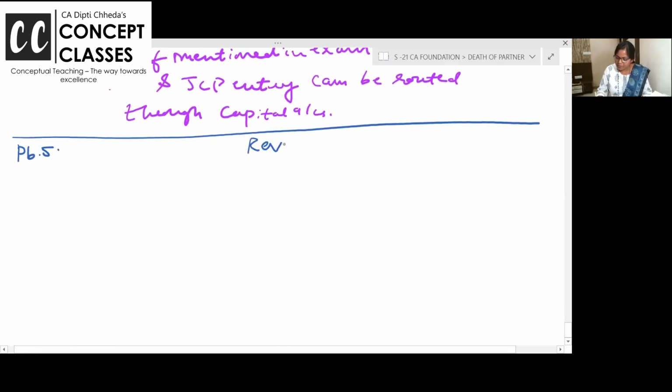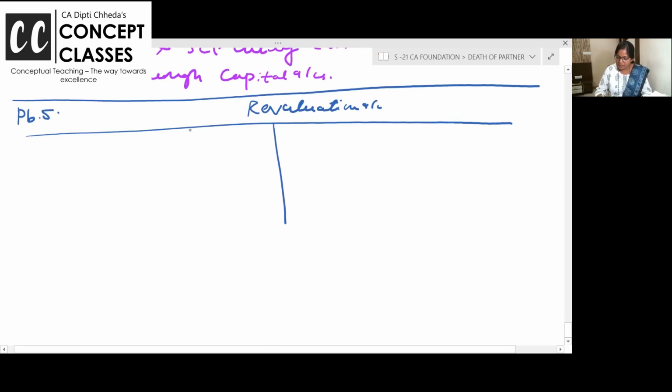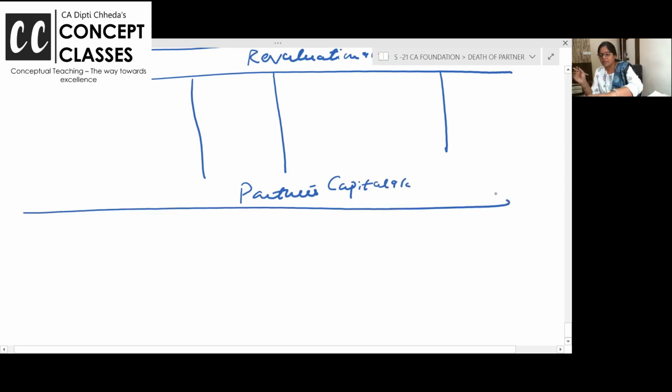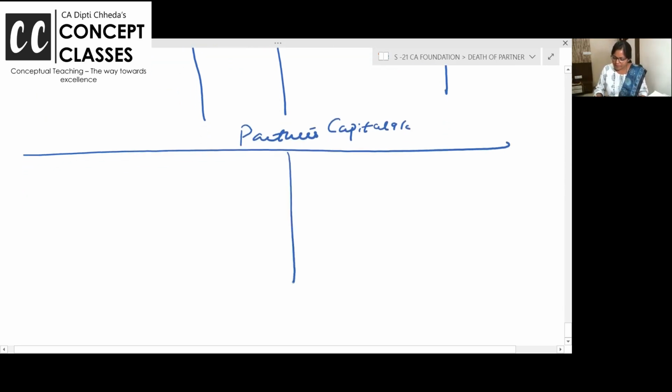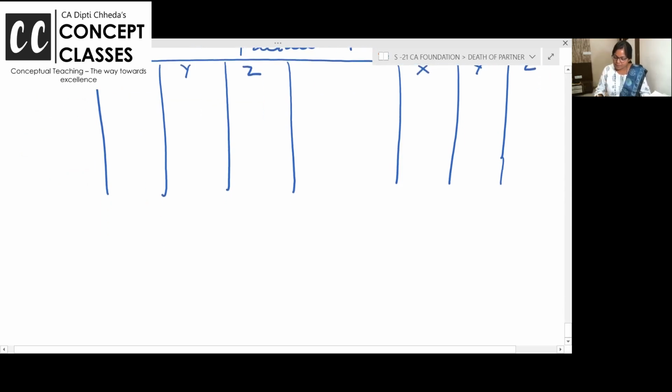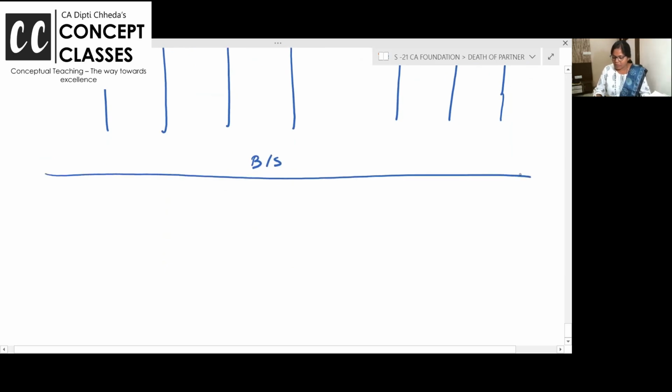All accounts you will prepare: a small revaluation account, then all the 3 partners' capital accounts, X, Y, Z, and the balance sheet. Only some changes are there.